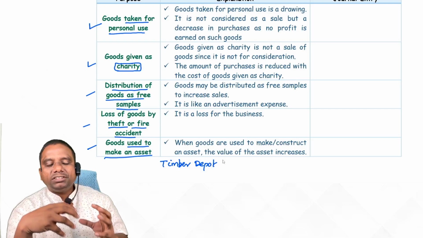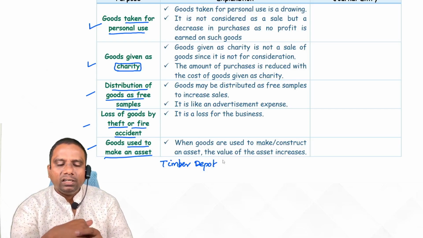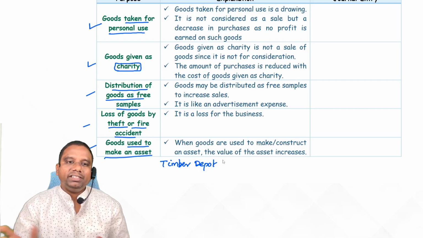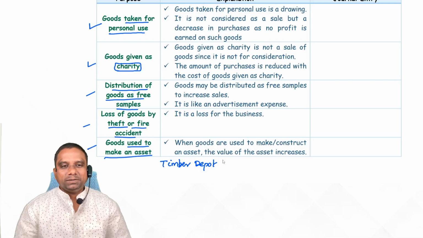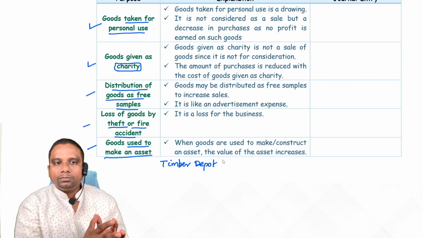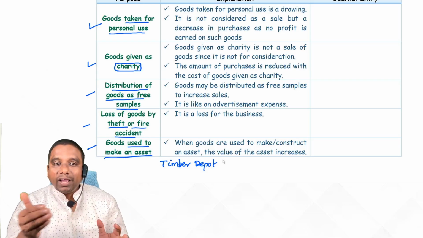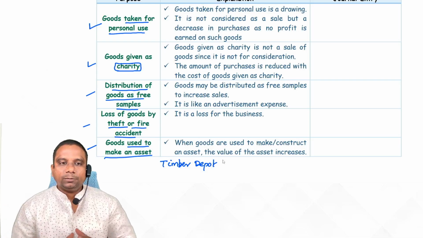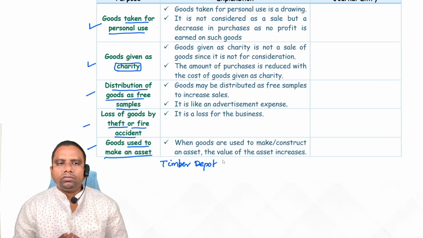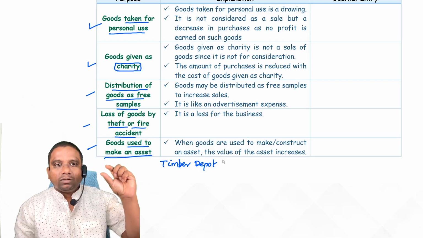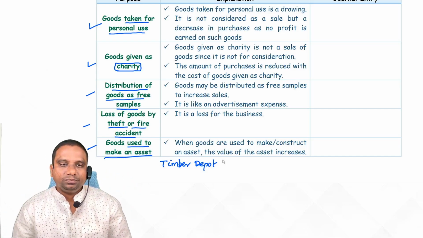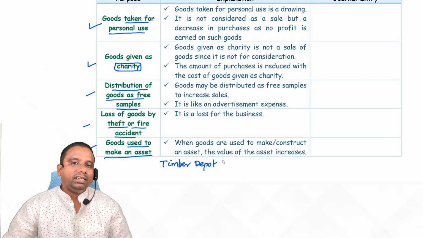But what I did is I have utilized this wood for manufacturing furniture, which is used in the business. In that case, the goods which were meant for sale we have utilized in making an asset. In that case, what is the entry we record?